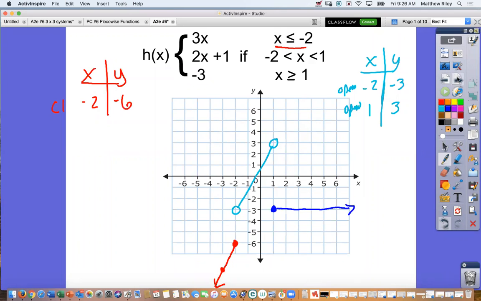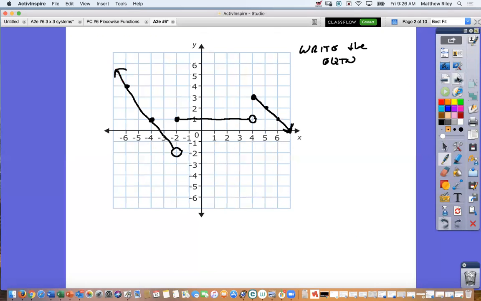No? All right, let's try this again. Let's do it backwards. This time, what if I want you to write the equation? I'm going to give you guys way too much time, about 2 minutes here.